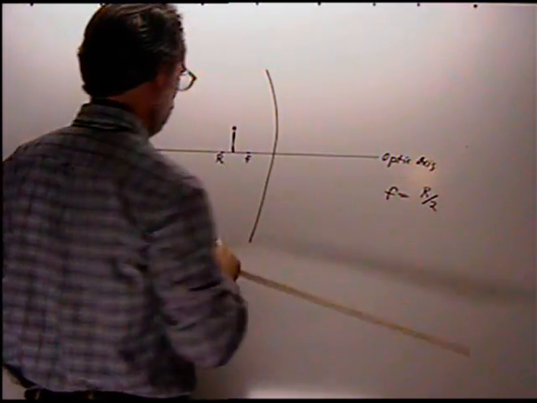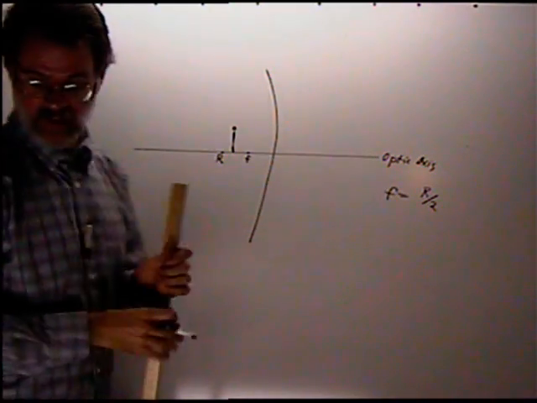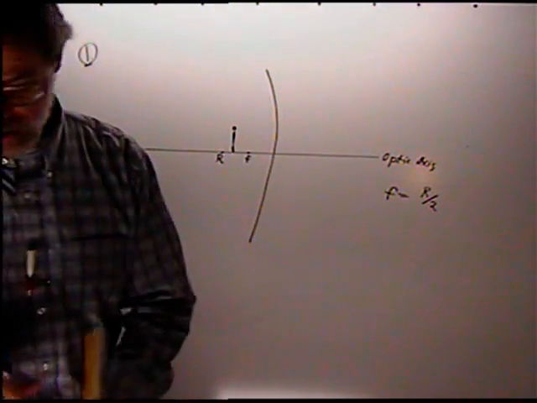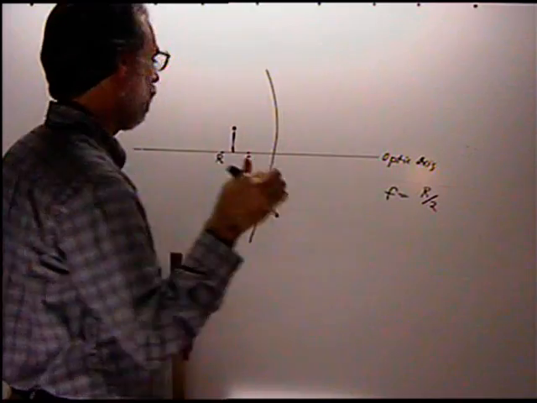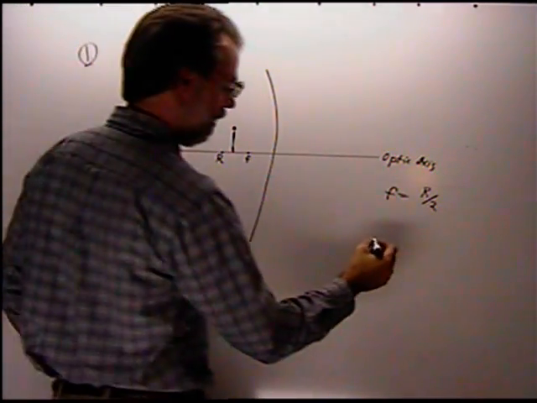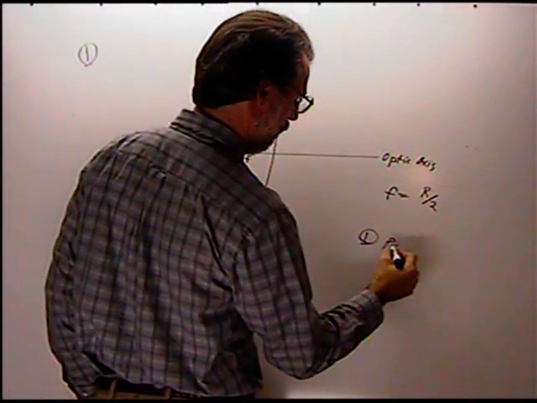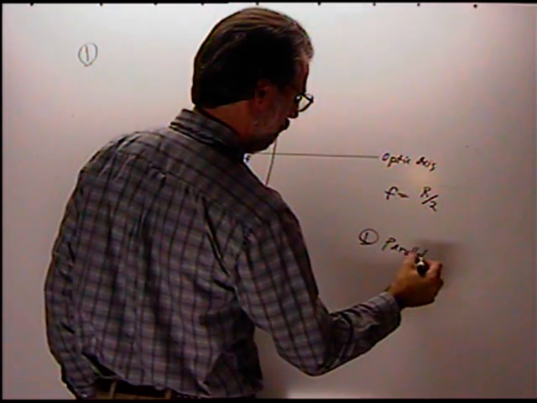And there's the object. Now you remember how we're going to draw 3 rays. The first one is parallel in.